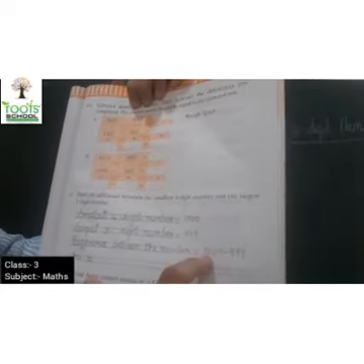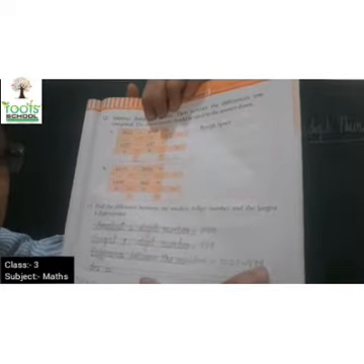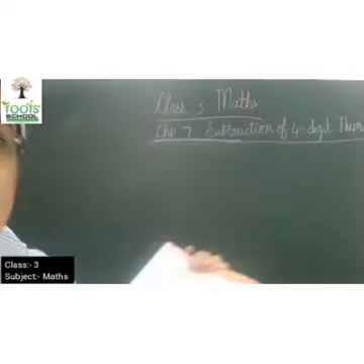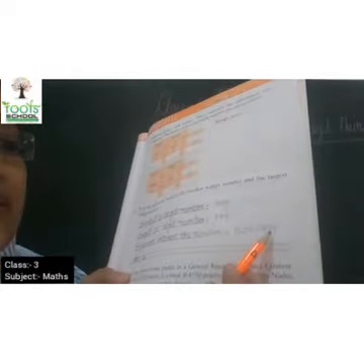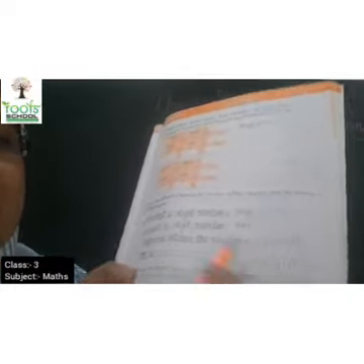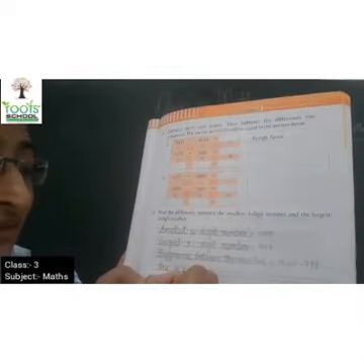Here 1000 is the minuend and 999 is the subtrahend. So kids, when you subtract 999 from 1000, what will you get? 1. Very good, kids.